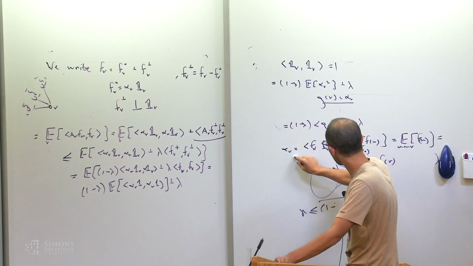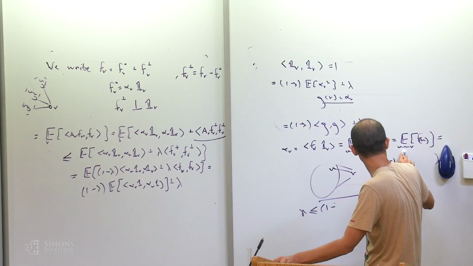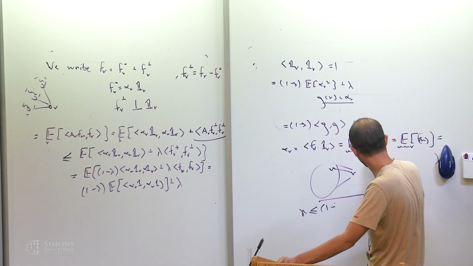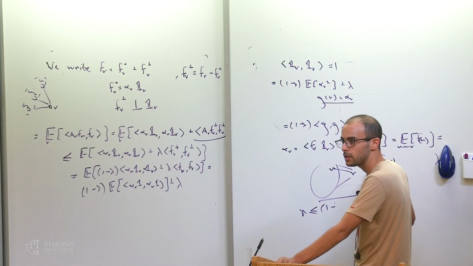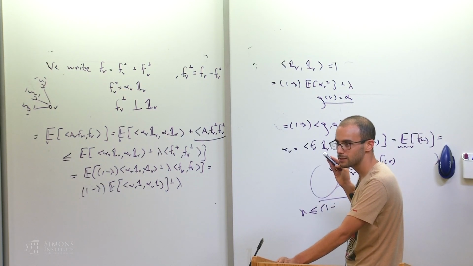When we try to calculate this alpha v, apparently the constant that we will get here will not be AF of v anymore, but maybe another operator.